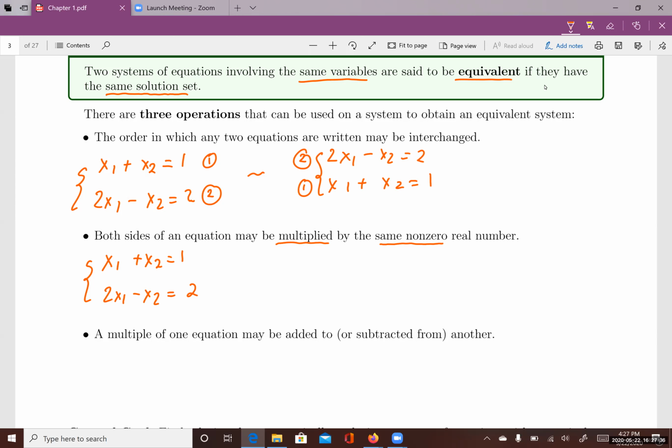If I multiply both sides of the first equation by 2, I multiply 2 here and 2 here, so the new equation is 2x1 plus 2x2 equals 2.